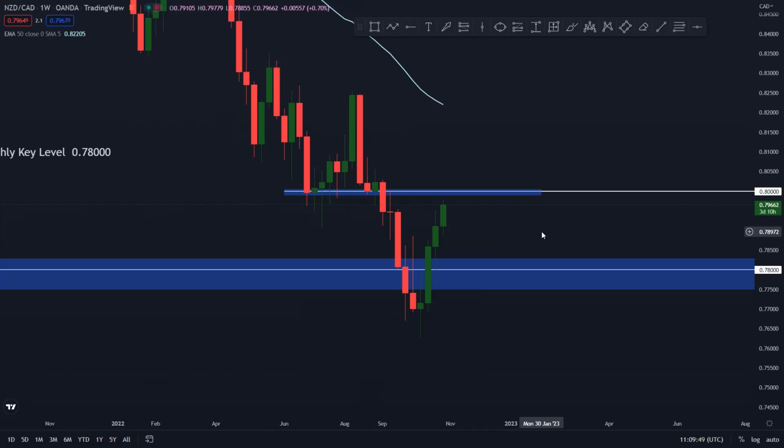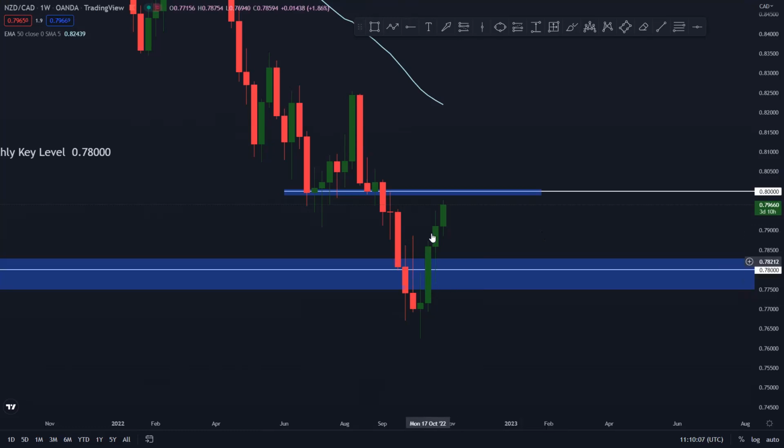See how doing this one thing has clearly shown me where NZD CAD is most likely headed. And then all I need to do is scale down to smaller time frames to look for trade confluences in line with the weekly directional bias.